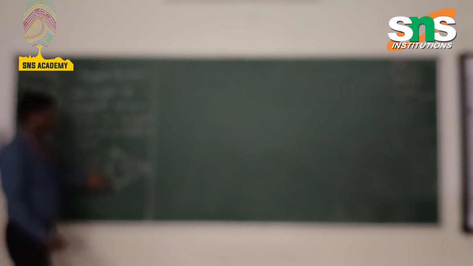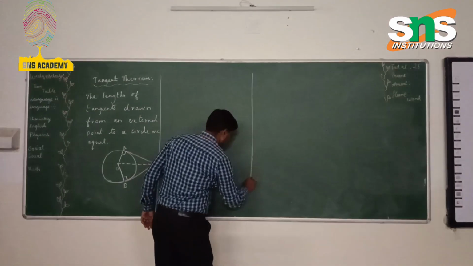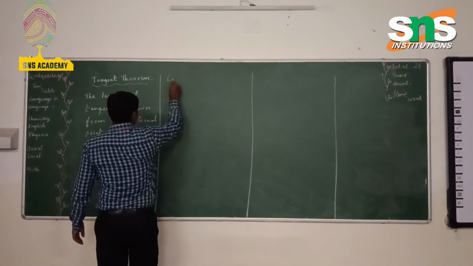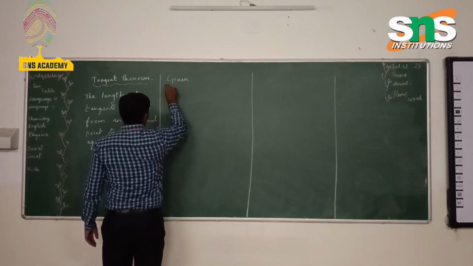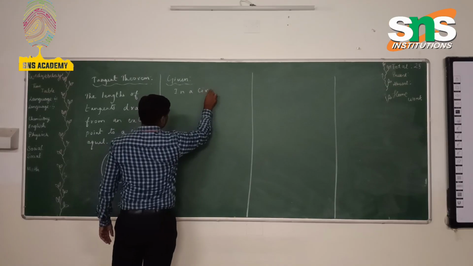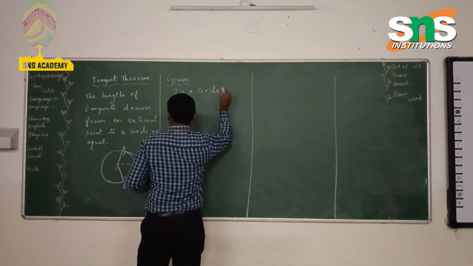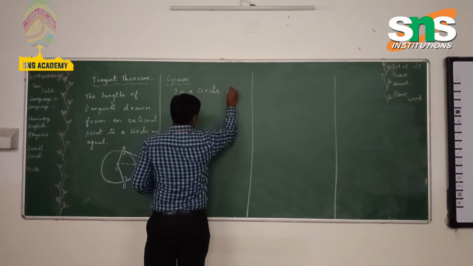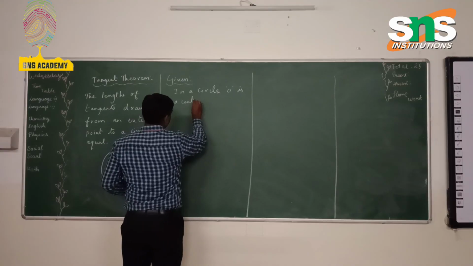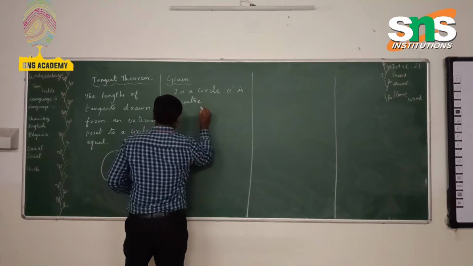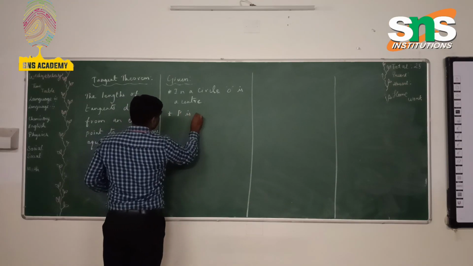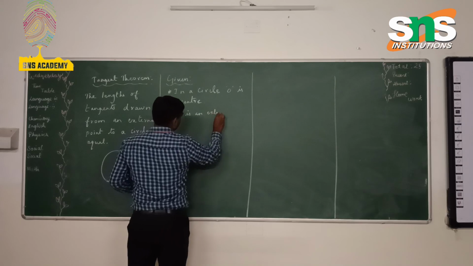Here you can see a circle. First, given: the circle, O is the center, and P is an exterior point.